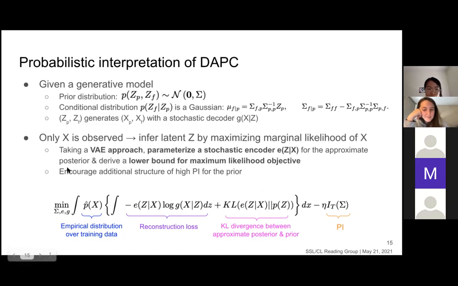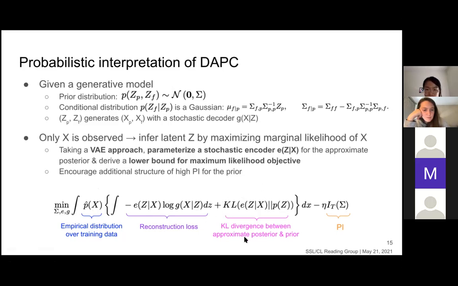Basically, in the final objective, there are three or four main terms. The P hat X here is just the empirical distribution of the training data. This part here is the reconstruction loss. You can think of this E of G given X as the approximate posterior.